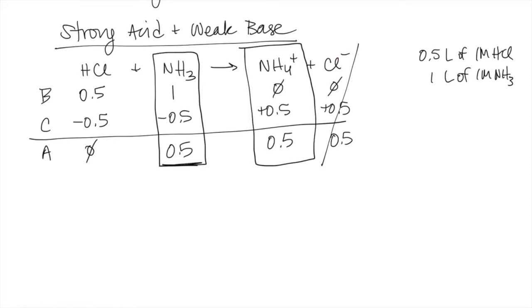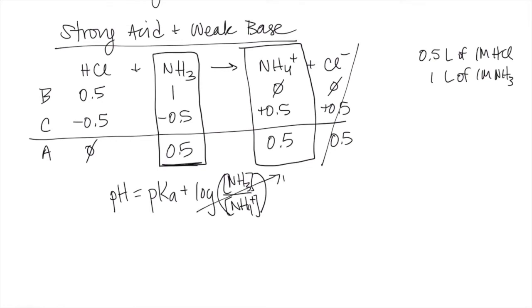Because it's a buffer, I'm going to use the Henderson-Hasselbalch equation: pH equals pKa plus the log of A minus over HA, that'll be NH3 over NH4+, concentrations, of course. It turns out these are equal to each other, and this whole log term is 0. So I know that my pH equals my pKa.